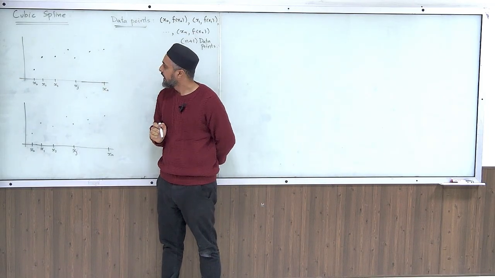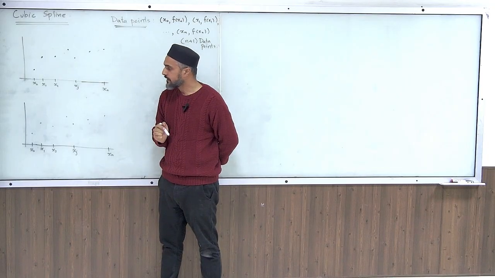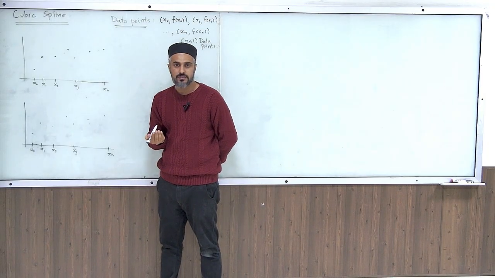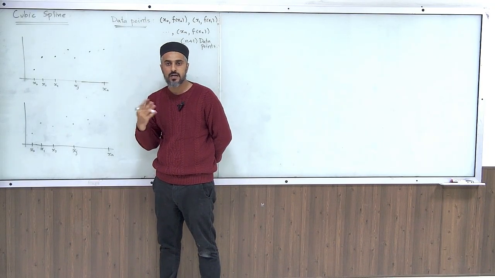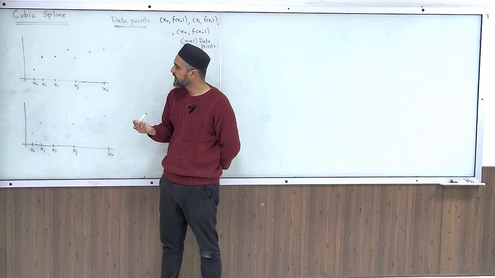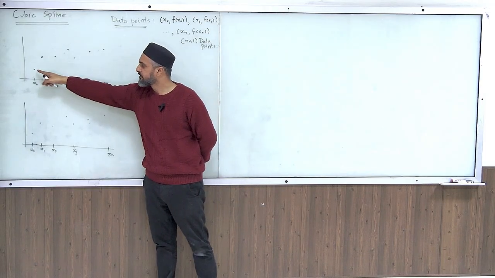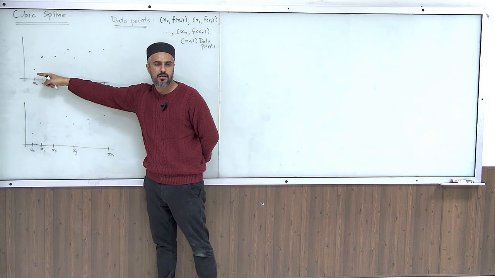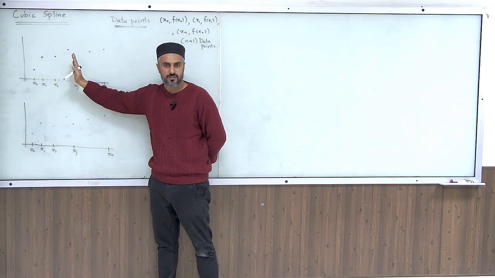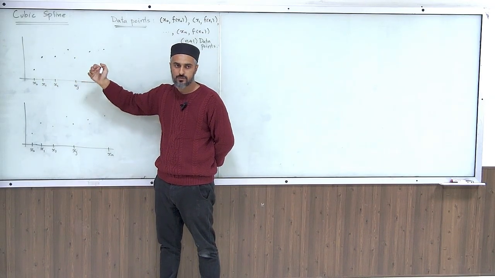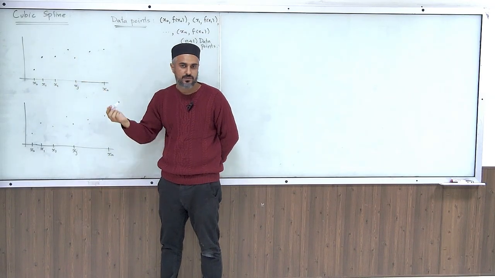Now, as I just told you, to counter the fluctuation of the higher degree polynomial, we can fit lower degree polynomials within the data. How can we do that? We start with the first degree polynomial.